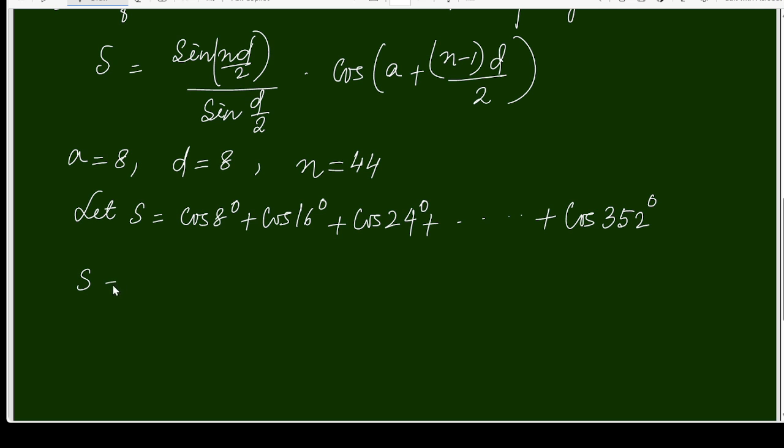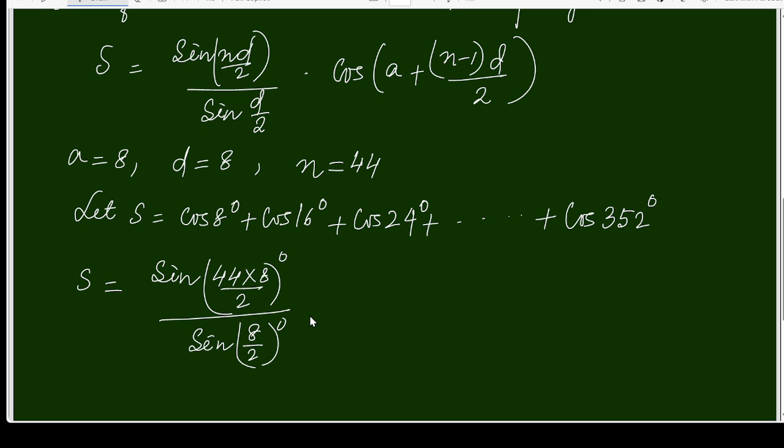So s equals sine of n d over 2, that is 44 times 8 over 2, whole upon sine of d by 2, that is 8 over 2, all in degrees, into cos of 8 plus n minus 1, that is 44 minus 1 into 8, over 2 degree.